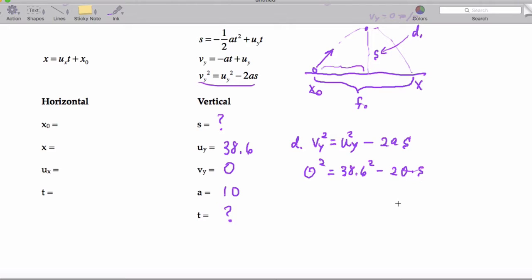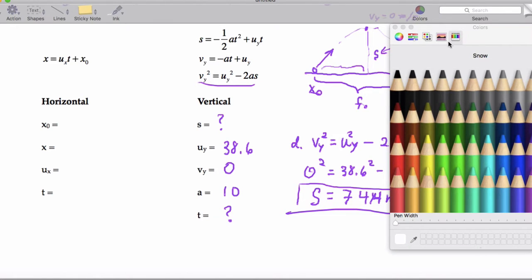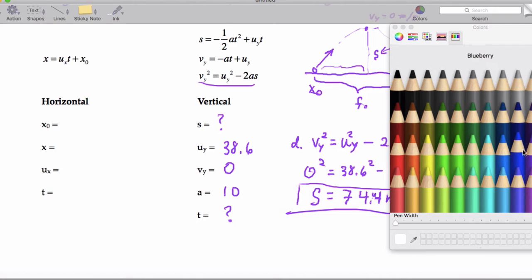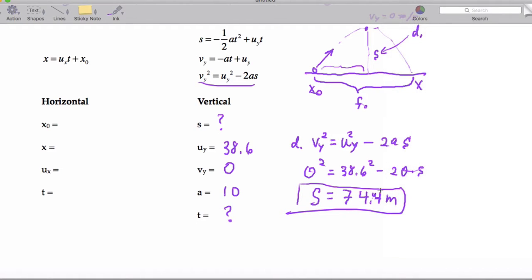That's going to give us a height of about 78.4, or 74.4. You might have gotten a slightly different answer, but if you're off by 1 or 2 decimal points, let's be reasonable about our answers and realize it's probably just a rounding error, so we don't need to worry about that. So that's 78.4 meters on that part.